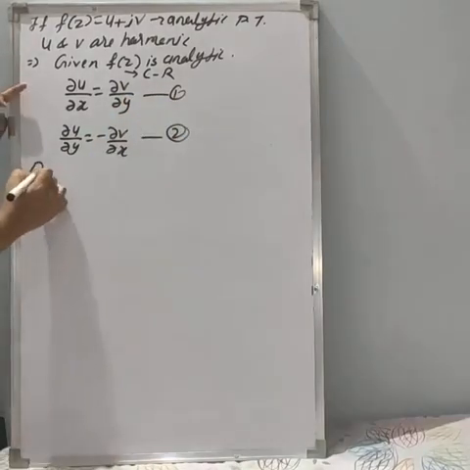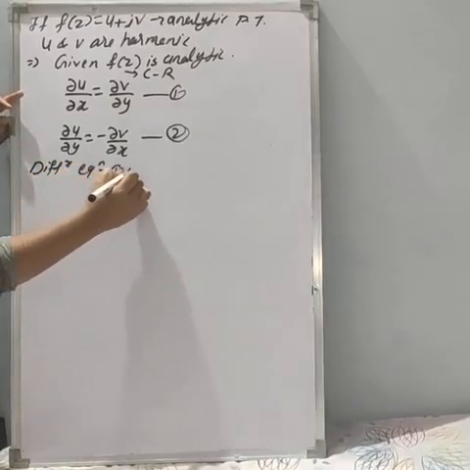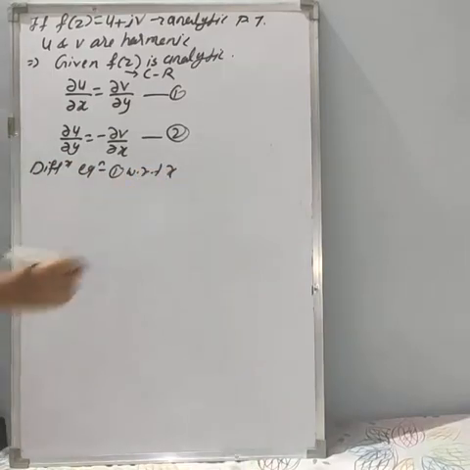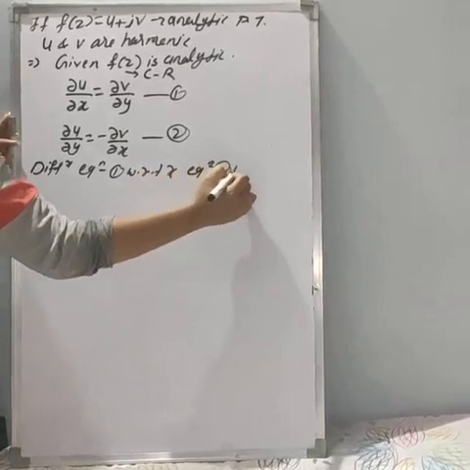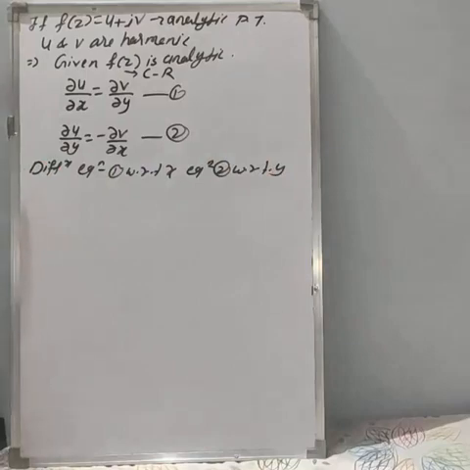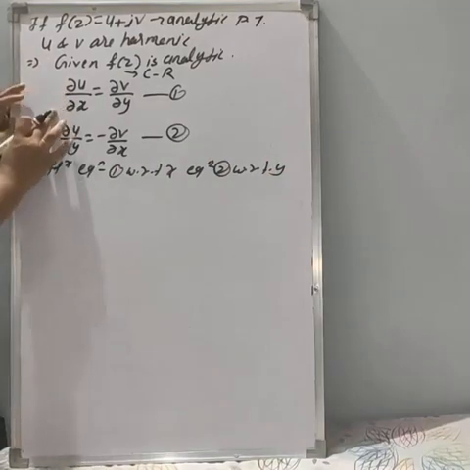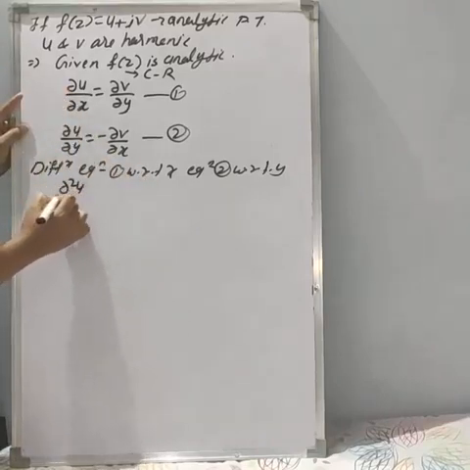Now we can differentiate equation 1 with respect to x, and equation 2 with respect to y. Let us see what we will get. To prove u and v are harmonic functions, we want the Laplace equation. And when will we get the Laplace equation? If we find the second order derivative. So we differentiate dou u by dou x with respect to x. What will we get here? Dou square u divided by dou x square.